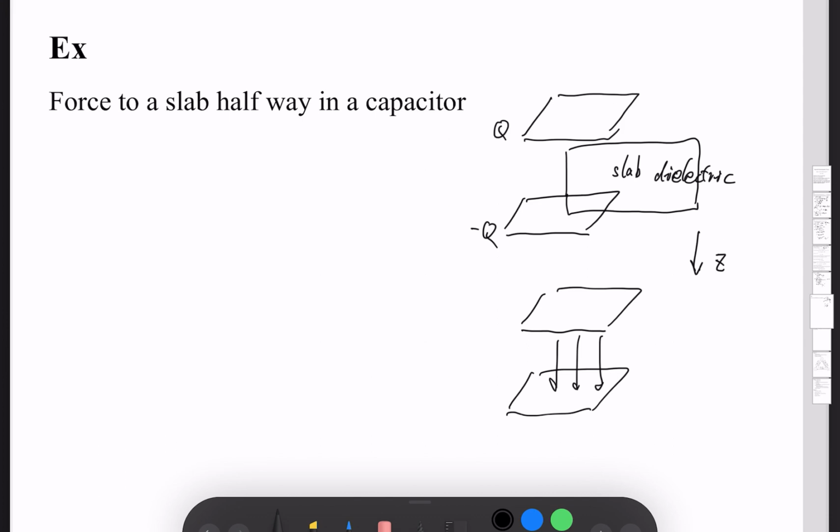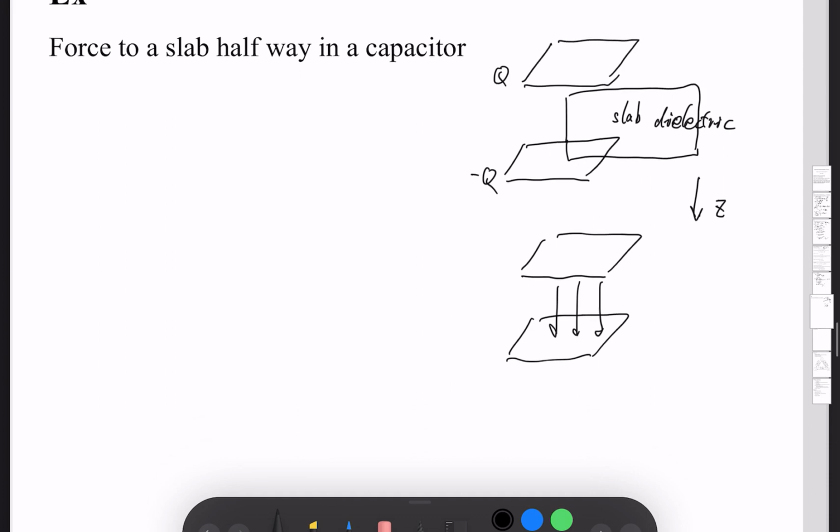Because if so, this slab will not move and will stay still, right? Because it cannot move either to the left or the right. But we also know that a slab will actually increase the capacitance, so it will increase the energy stored in the capacitor.